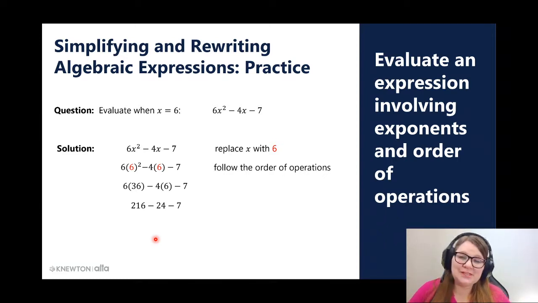In this case, I just have subtraction, but either way, you're going to work from left to right. So you're going to do 216 minus 24, and then you're going to subtract 7. Do not try and combine these. You need to work from left to right. So 216 minus 24 minus 7 comes out to be 185. All right, so now you practice evaluating expressions.